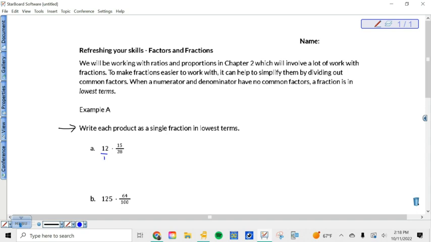Yeah, we're going to add a 1 under the 12, and then what do I do? Go across. What's 12 times 15? Good, it's 180. And what's 1 times 28? Perfect. Is that in simplest terms?